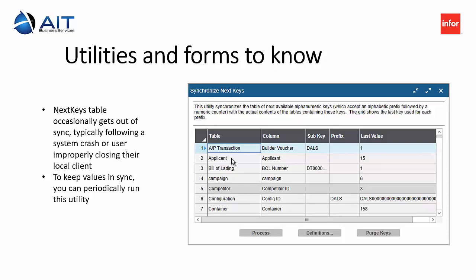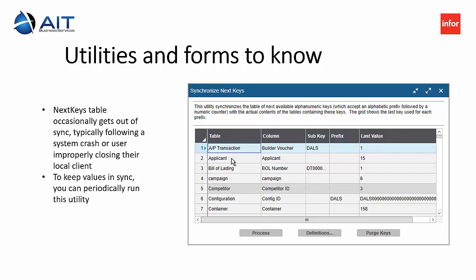The value in Next Keys, the table, is going to be incremented each time to determine the next system-generated value for that key. Occasionally this sequence does get out of whack for a variety of reasons, typically maybe a system crash or somebody just improperly closing their client.